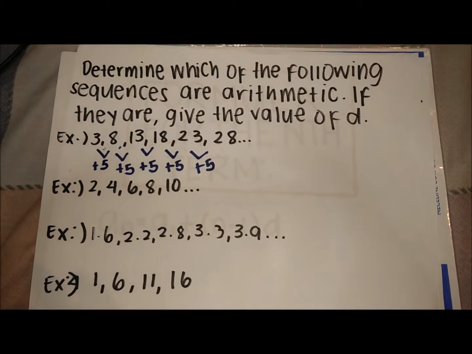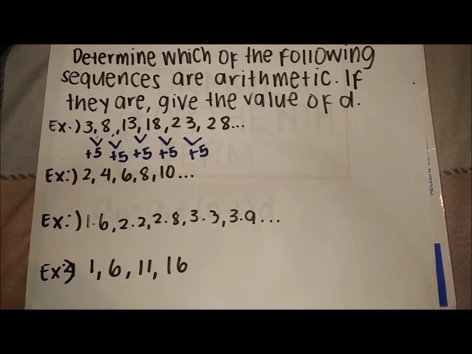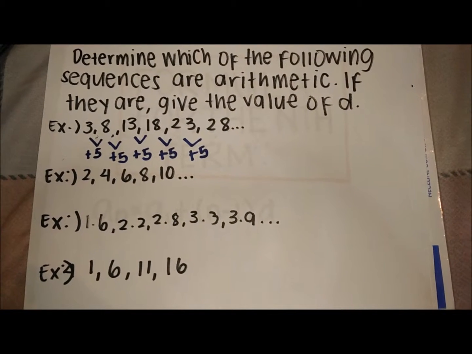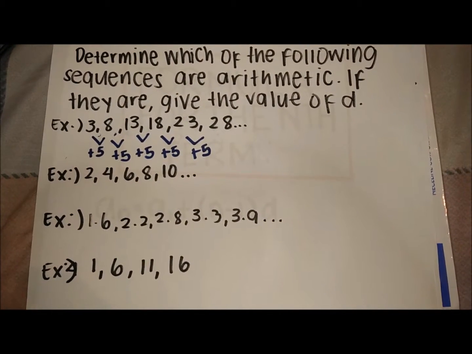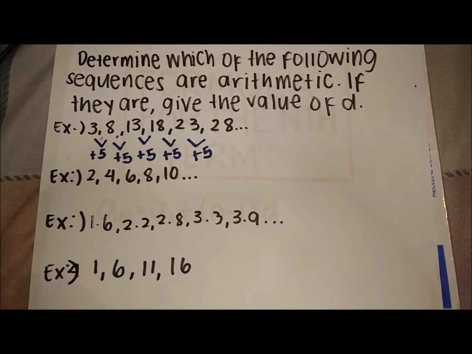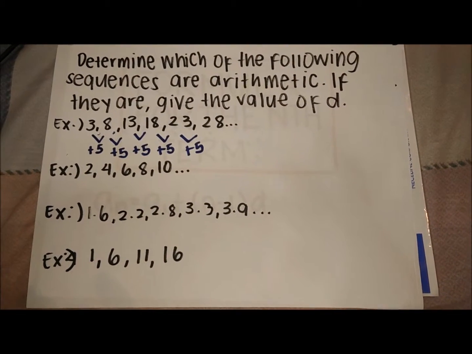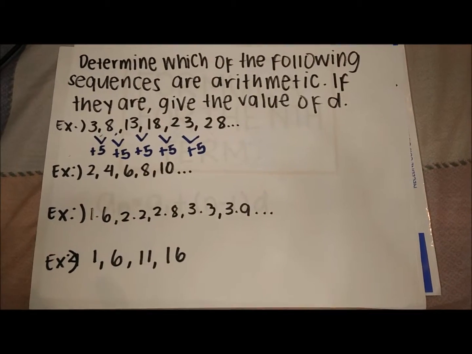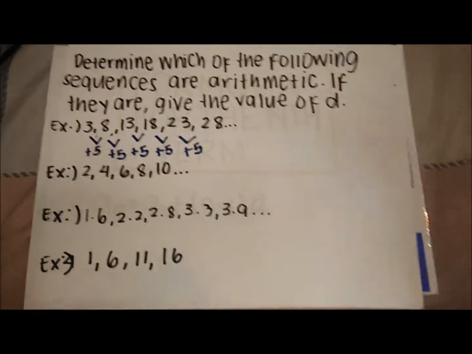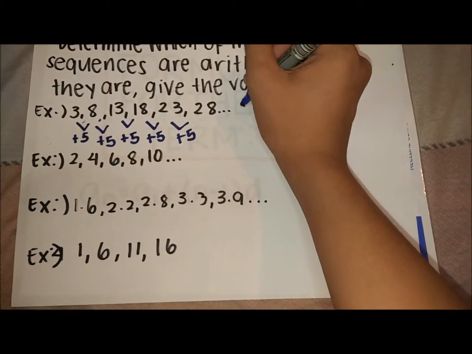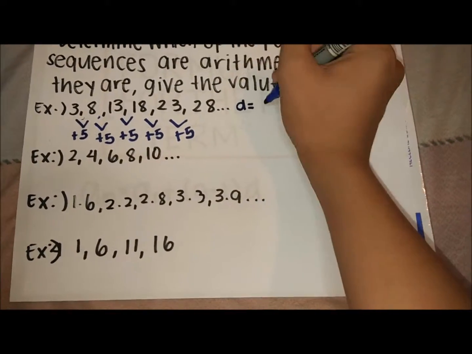Assuming that this pattern goes on continuously, we can call it an arithmetic sequence because every term differs by a constant amount. That constant amount is what we call the d. So our d here is equal to 5.